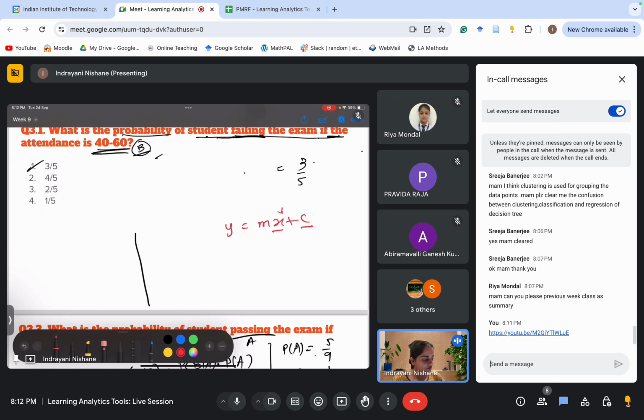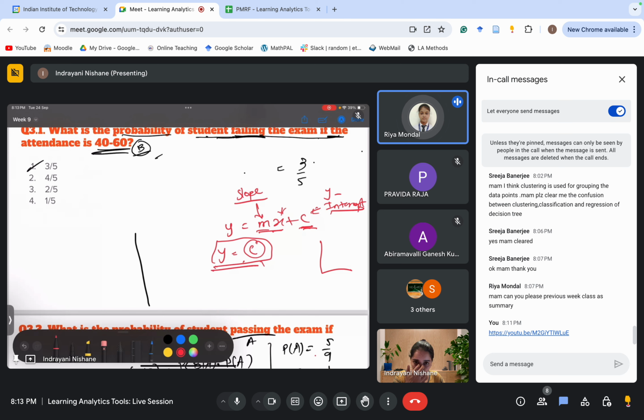Then y is equal to c. So c becomes the intercept value and m is the slope. This is a simple line equation. These are straightforward formulas, Ria, which you have to remember logically like this. We substitute x equal to 0, and whatever value of y we get is the y intercept, and m is the slope value.